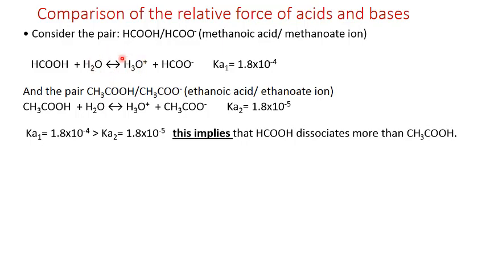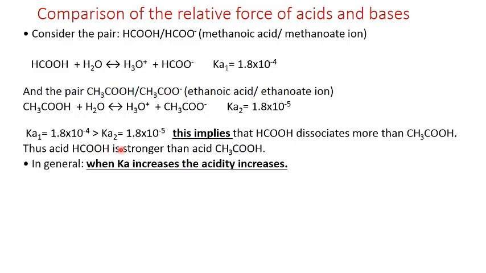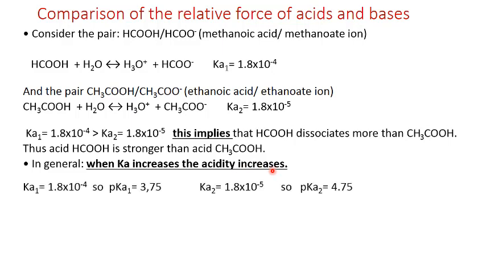Each time more H3O+ is produced, the acid is stronger, and this is why we can directly say that HCOOH is a stronger acid than CH3COOH based on Ka. How to generalize this? Simply, when Ka increases, the acidity of the species we're talking about increases.